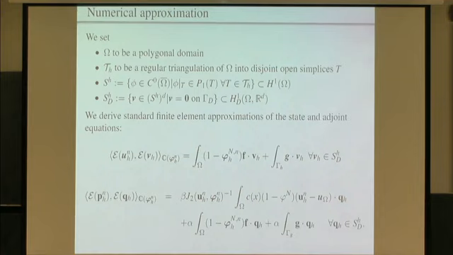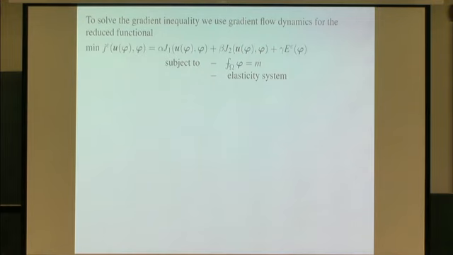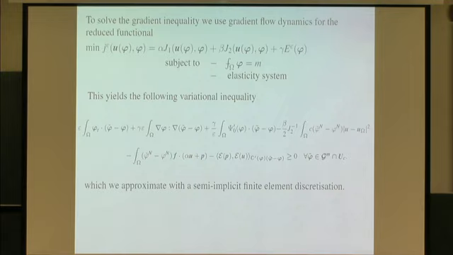We take a standard finite element approximation of the state equation and the adjoint equation, and then, similar to what Klaus discussed, we use a gradient descent method to approximate the gradient inequality. The steady state solution of this problem will be a solution of our gradient inequality, and we approximate this using a semi-implicit finite element discretization.